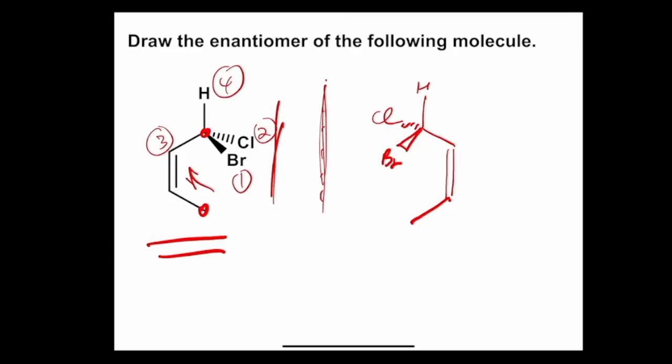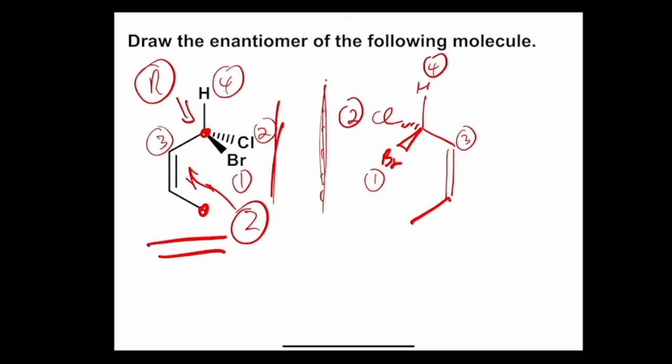If you imagine yourself under the molecule, bromine, chlorine, carbon, that's an R. This here is a Z. For this one, still number 1, still number 2, still number 3, 4 is still in the page. The difference now is the rotation. Bromine, chlorine, carbon, this will be an S.